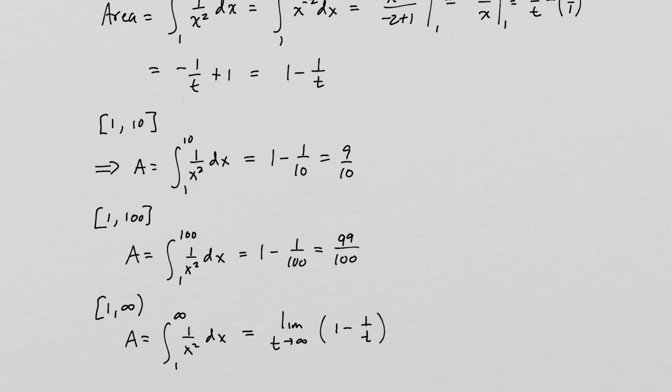So we can't actually plug in infinity here, but we can take the limit as t goes to infinity. And of course, we know that as t goes to infinity, this value gets smaller and smaller and smaller, and it goes to 0. And so this would become 1 minus 0, which is equal to 1.